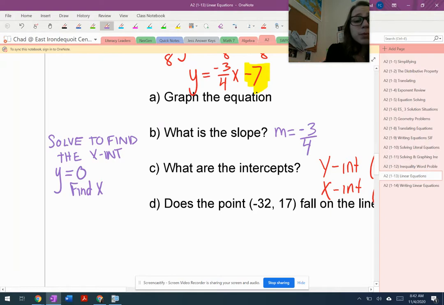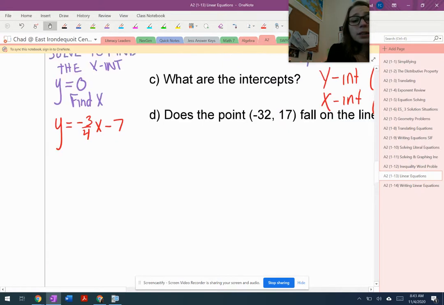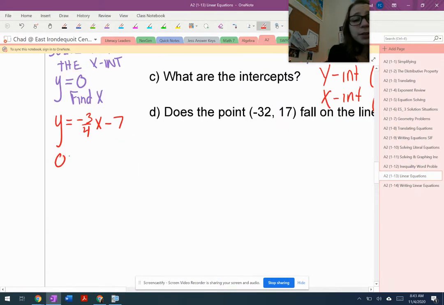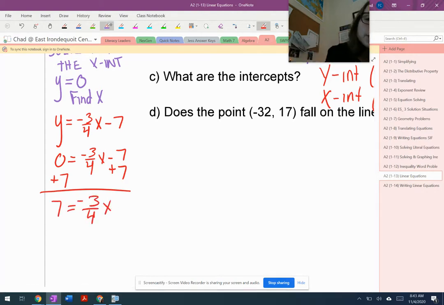So if I go back to my equation, y equals negative 3/4 x minus 7, I'm plugging in 0 for y, and then just solving for x. Start by adding that 7 over.